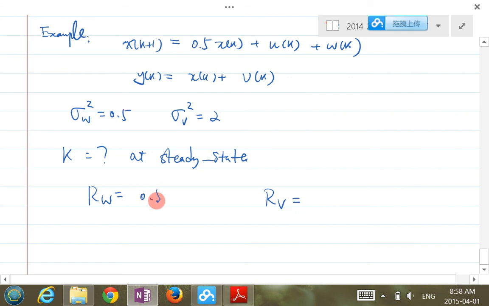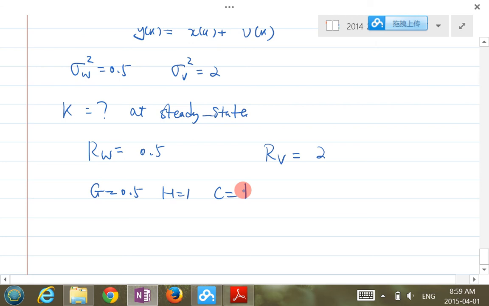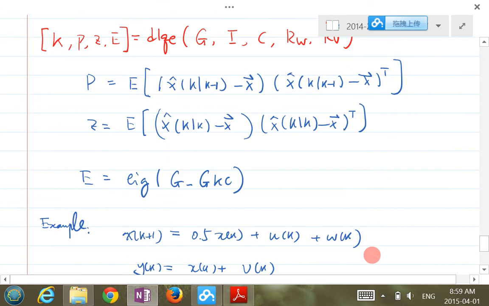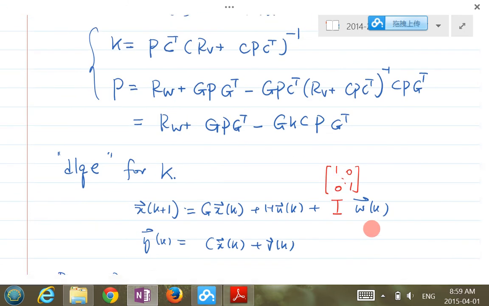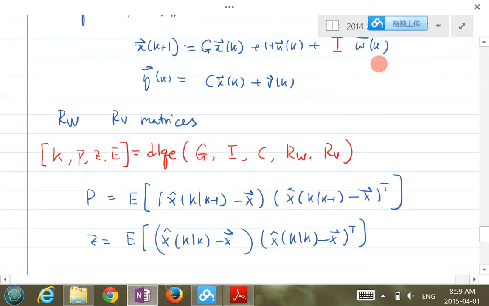Okay, so then my G matrix here is 0.5, H is 1, C is 1. Then my P matrix, if I go back to my P equation here, it's RW plus G P G transpose, G P C. So just plugging all the numbers into this, what is P now?